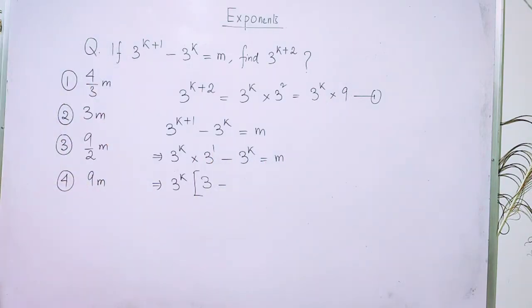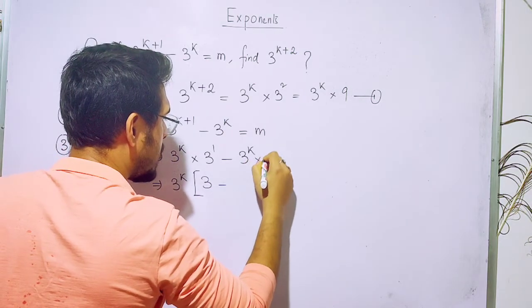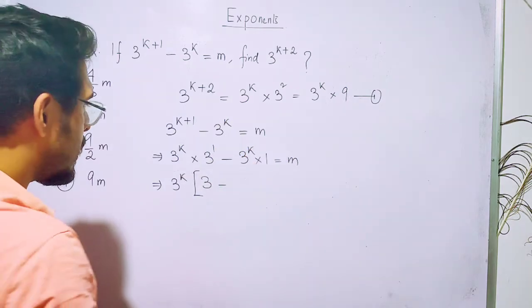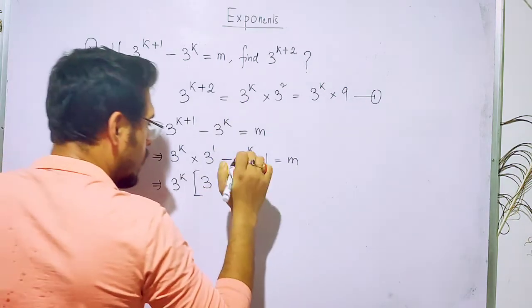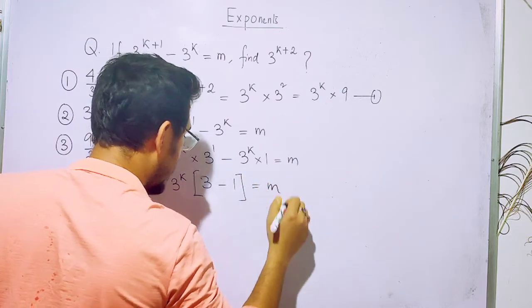Right? So in that case, it is just 3 to the power of k multiplied by 1 equals to m, where 1 has nothing to do. So it will be 1. And the result will be m.